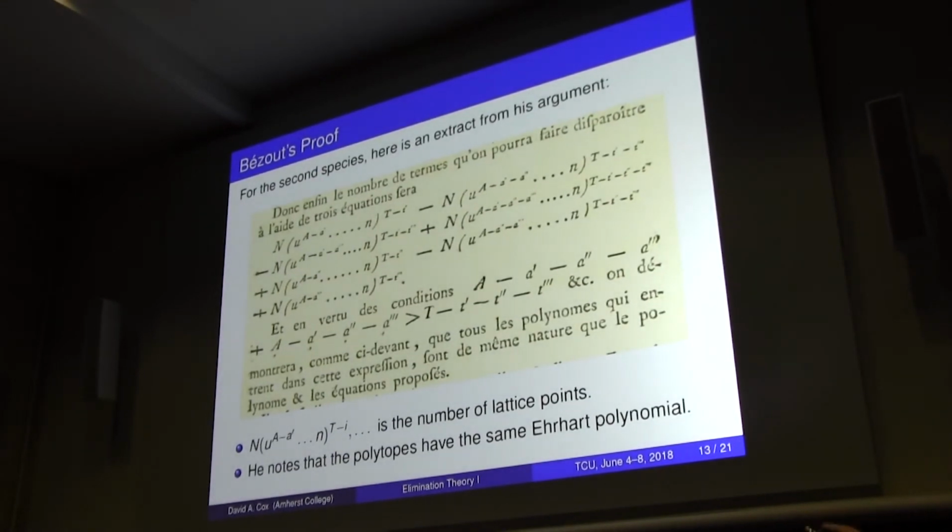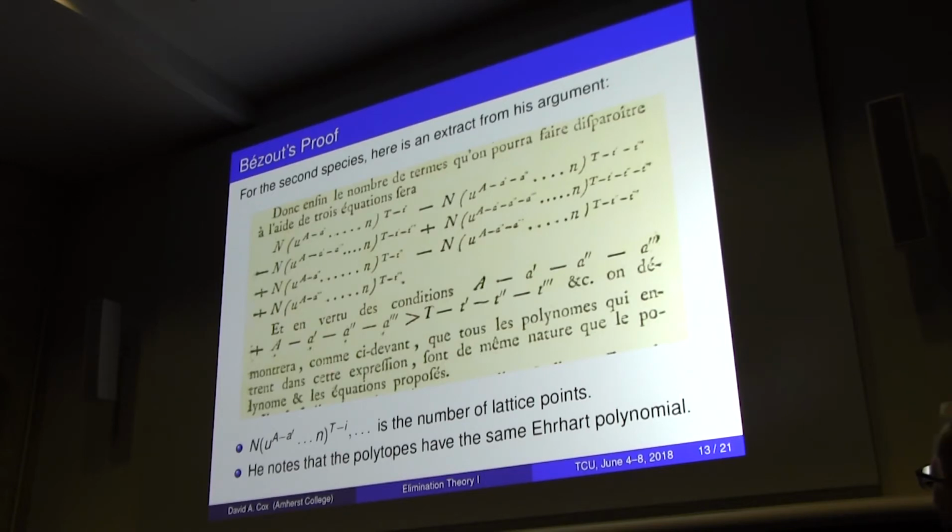So this is for the second species, and so he has these sort of alternating sum kind of things. And it turns out that this is basically the number of lattice points. And it turns out all the polytopes all have the same Ehrhart polynomial. So that makes things work out pretty easily.